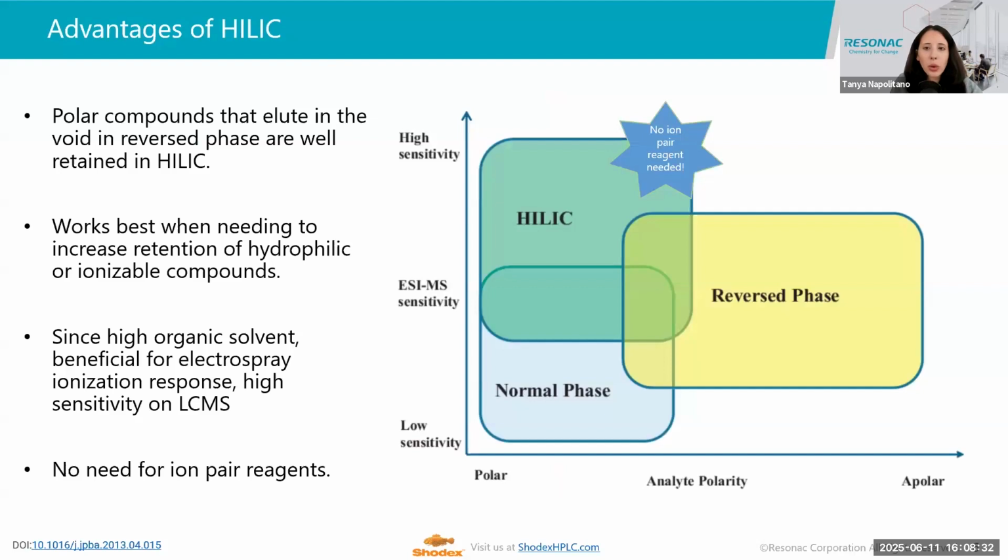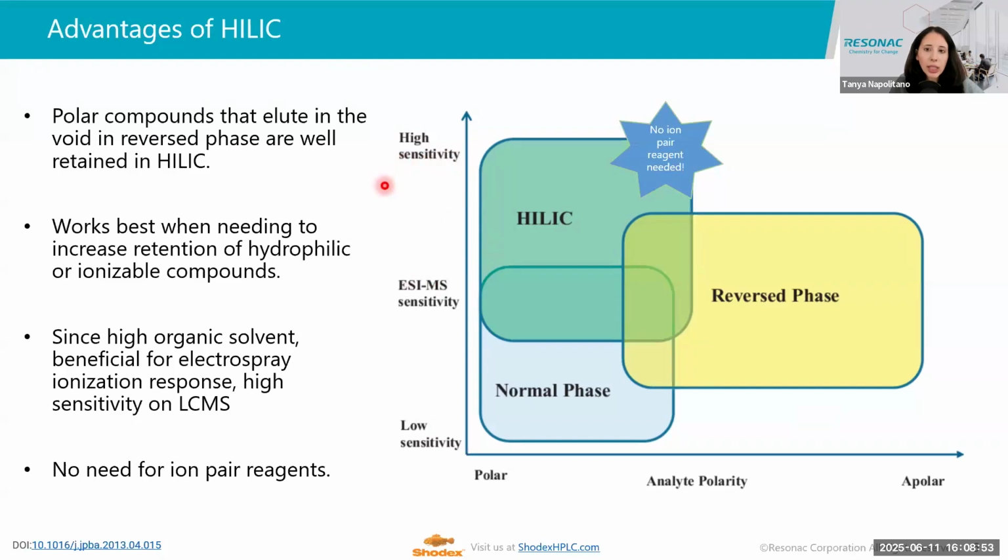So let's talk about the core advantages of using HILIC. First and foremost, HILIC is perfect for compounds that are far too polar to retain in reverse phase chromatography. Secondly, HILIC operates with a high concentration of organic solvents like acetonitrile, so it's extremely well suited for LC-MS detection.